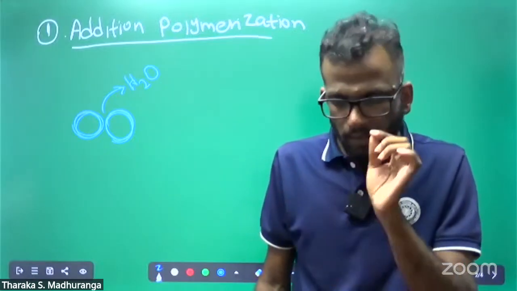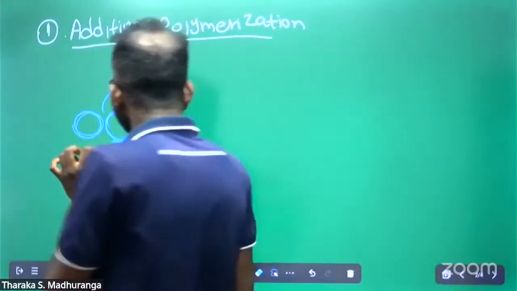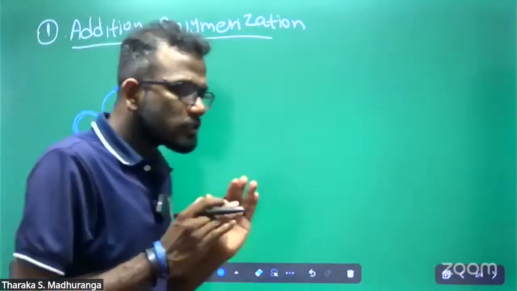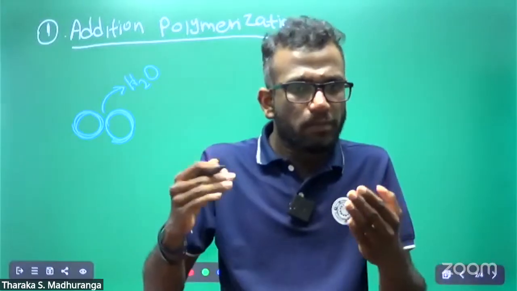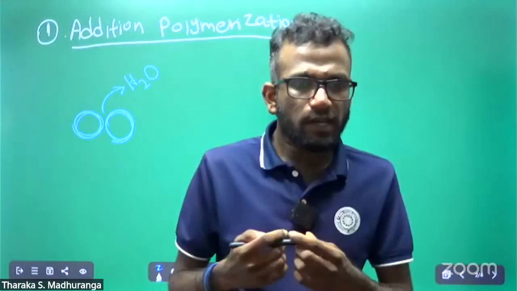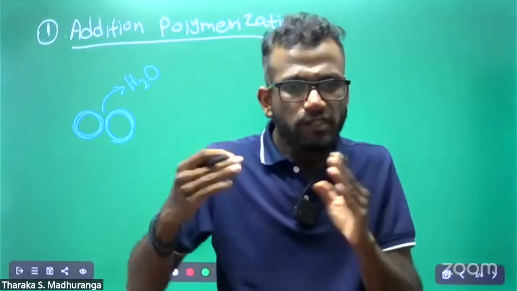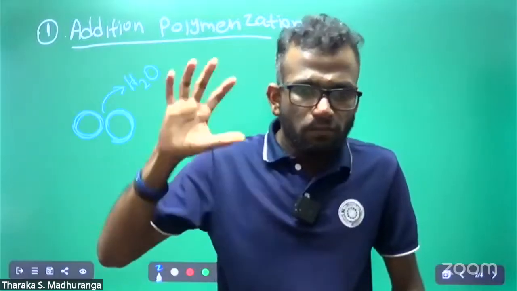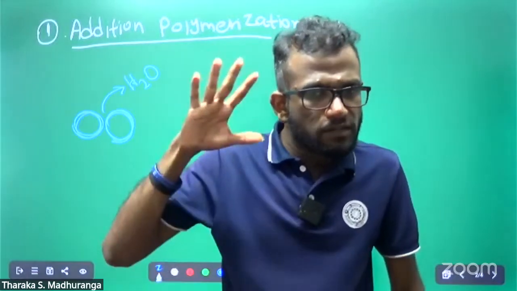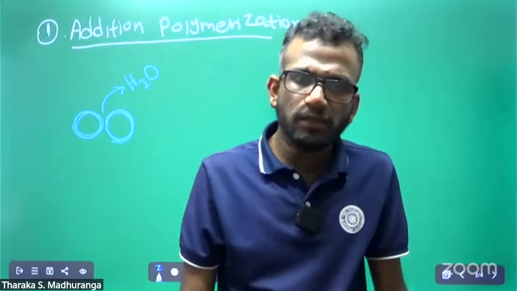The very important thing you need to remember: as we discussed in the biomolecule lesson, in the polymerization of monosaccharides and amino acids, water molecules are removed. That means it's not an addition polymer.